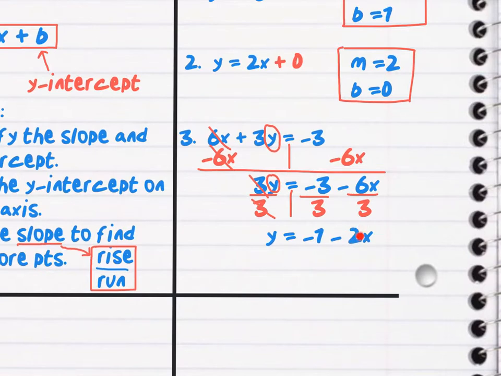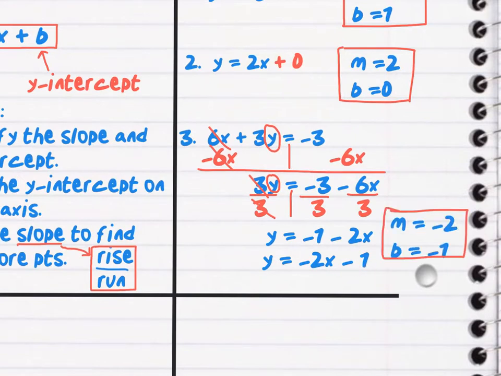So I'm going to move this x term in front of this negative 1, and my equation is going to look like this. Y equals negative 2x minus 1, and we can identify our slope and y-intercept. Our slope is the number in front of x, and our y-intercept is what's being added to x, which in this case it's a negative 1. So this is your answer to number 3.